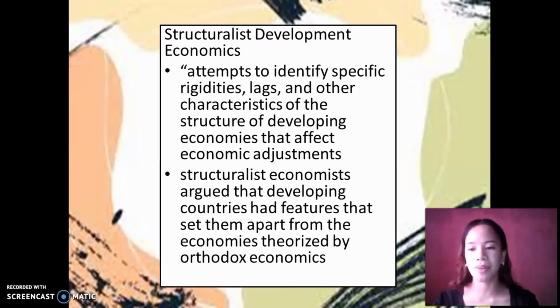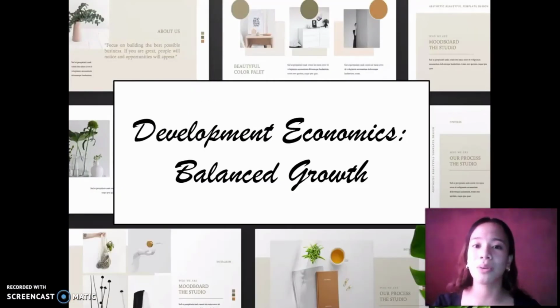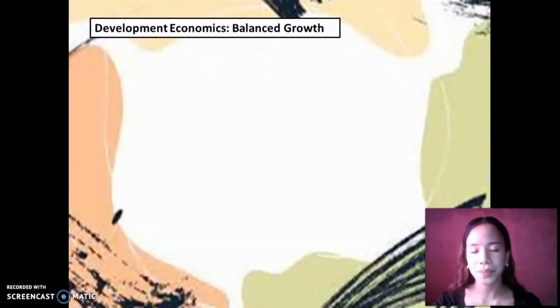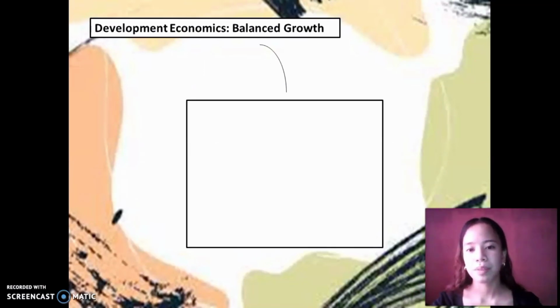So structuralist development economists attempt to identify specific rigidities, lags, and other characteristics of the structure of developing economies that affect economic adjustments. Structuralist economists argue that developing countries had features that set them apart from the economies theorized by orthodox economics. So let us now go to development economics, the balanced growth. So what is development economics balanced growth?